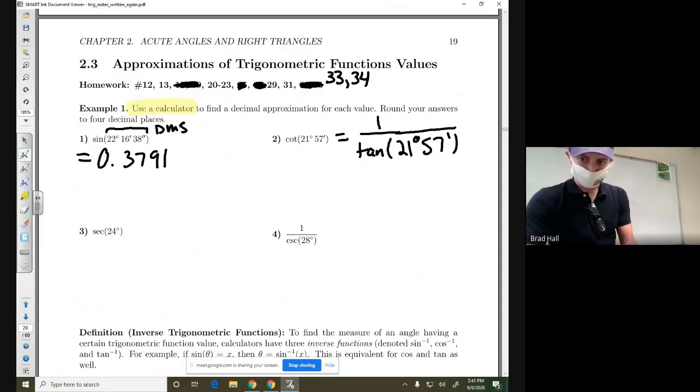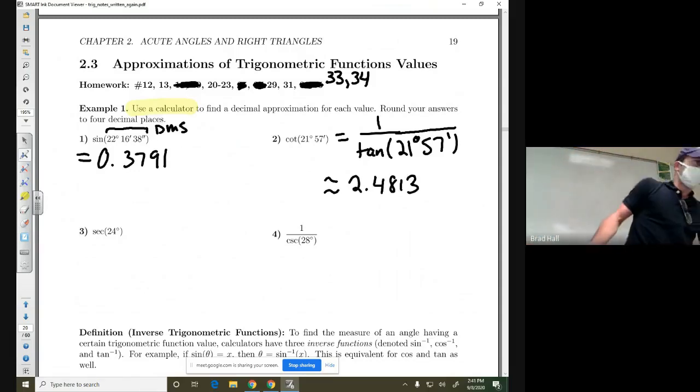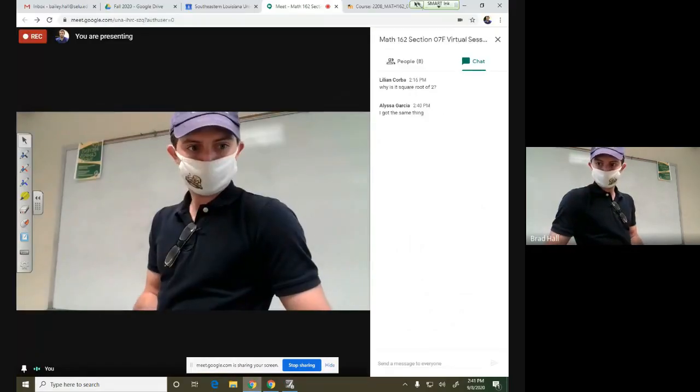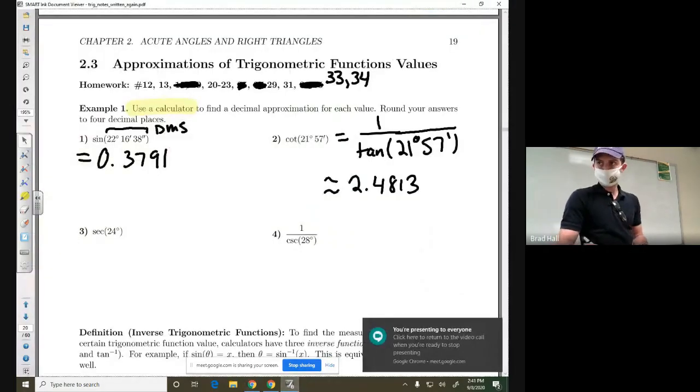And if you did that correctly, you should get 2.4813. So make sure you get that answer. Is that what everyone else in here is getting?